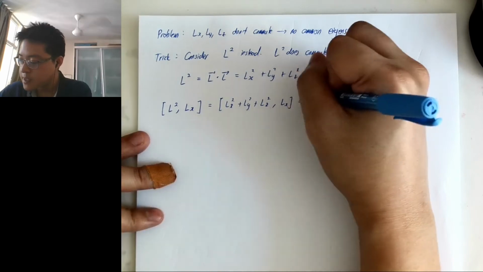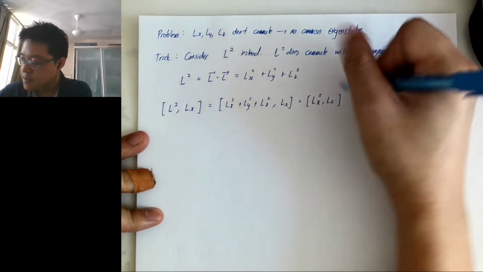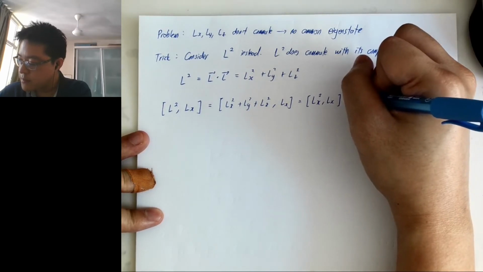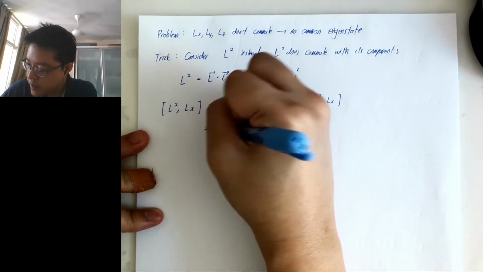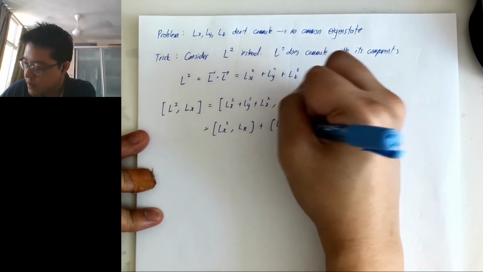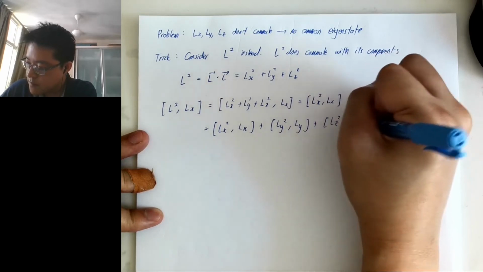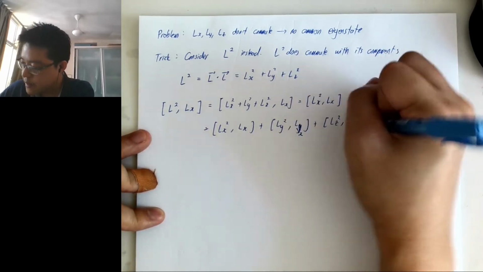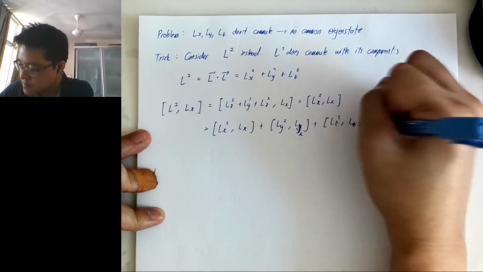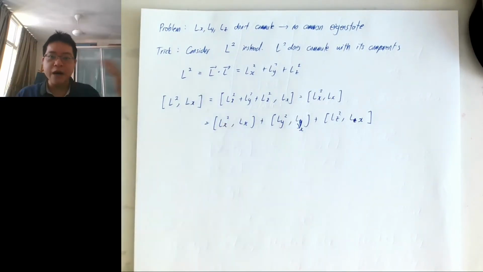This is Lx square commute with Lx, plus Ly square commute with Lx, plus Lz square commute with Lx. Hey, wait. Everyone here is x, so no matter how you expand it, it's just the same operator, whether it's in the front or in the back, they are the same.